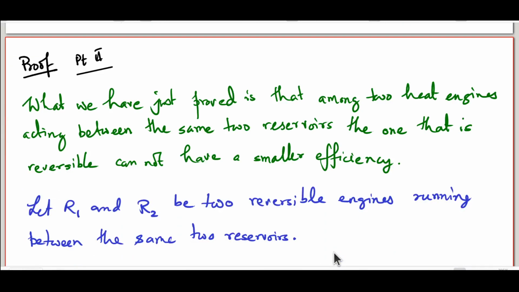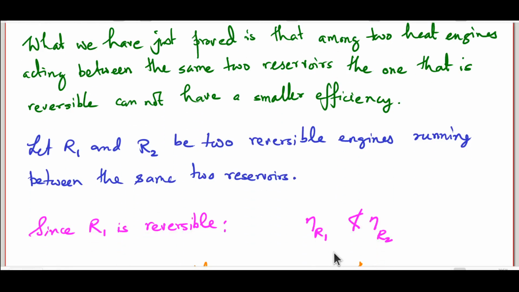Note that if R1 and R2 are two reversible engines running between the same two reservoirs, then from theorem 1, we are sure that the one which can be run in reverse cannot have a smaller efficiency. Since R1 is reversible, R1 can be run in reverse, so eta R1 cannot be less than eta R2.